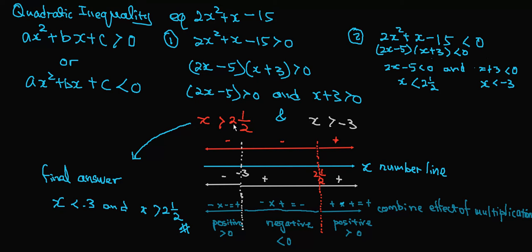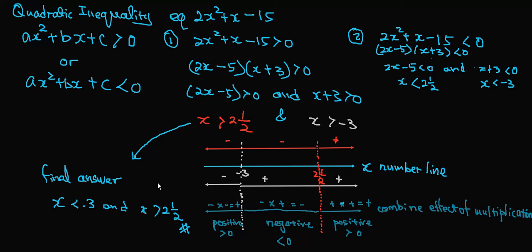Now, this case here is negative times negative, which gives you positive. So anything less than -3 gives you a value of more than 0, which is positive.